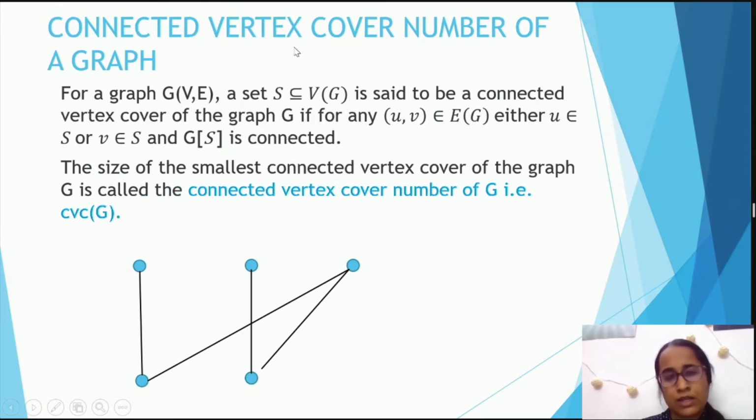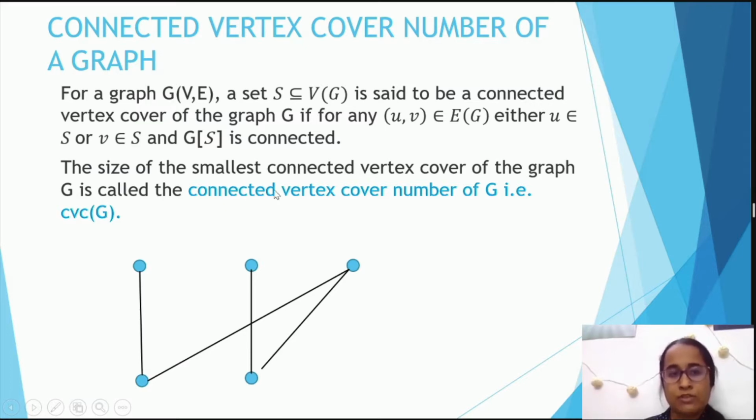So, connected vertex cover number of a graph. For a graph G, a set S is said to be a connected vertex cover if for any UV in E of G, either U belongs to S or V belongs to S, that is, it must be a vertex cover. And also the additional condition that G of S is connected, that is, the subgraph induced by S is connected.